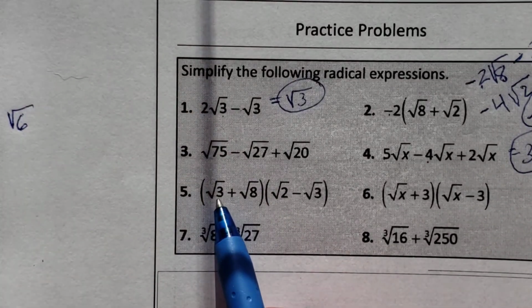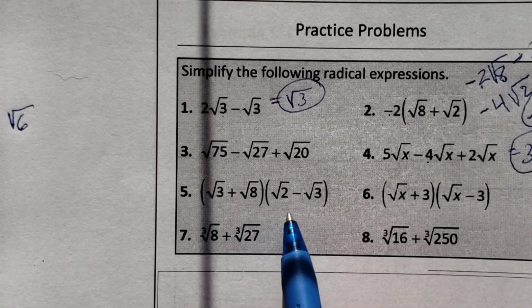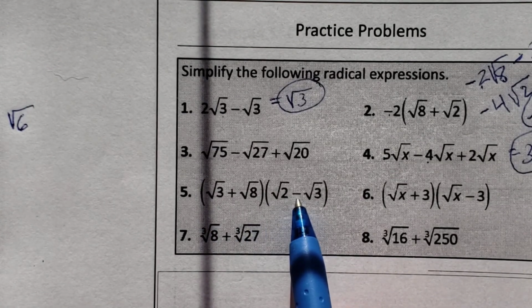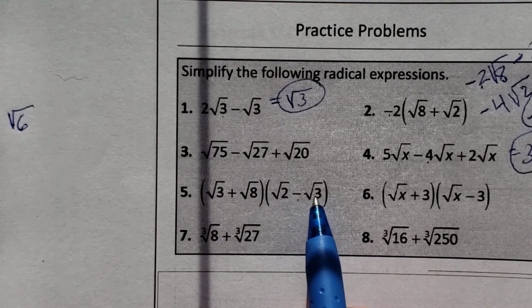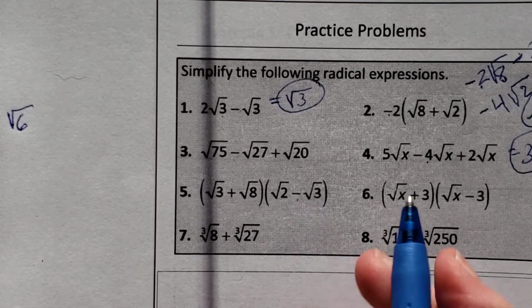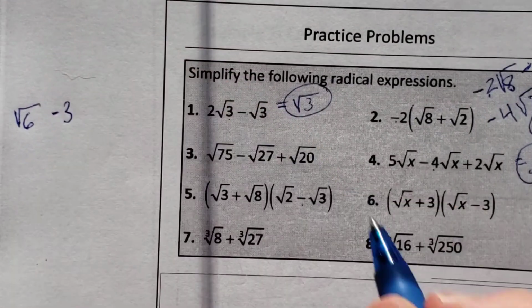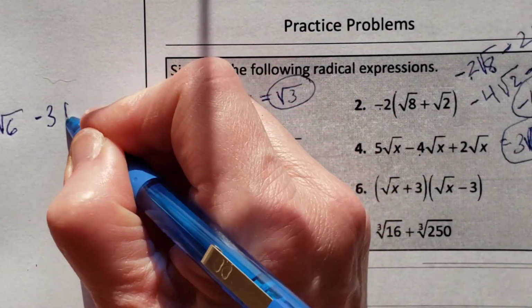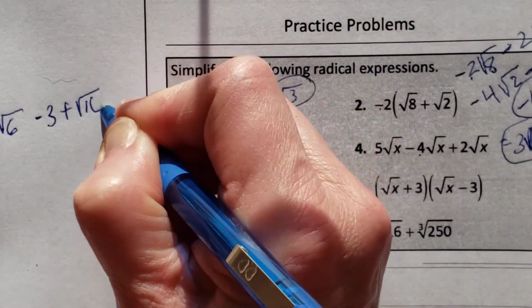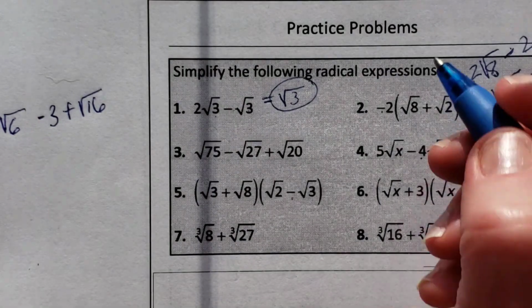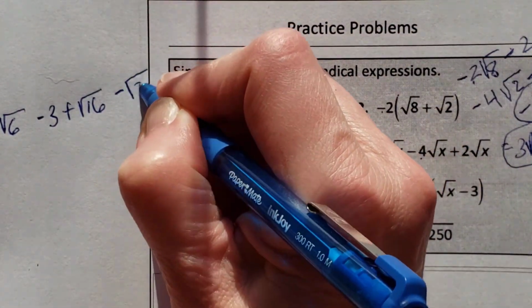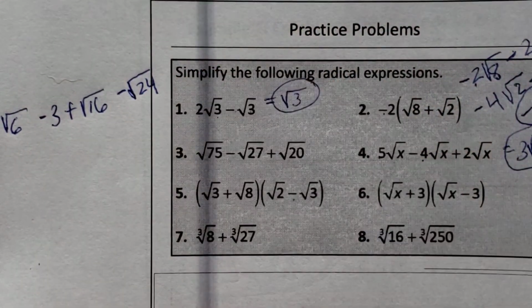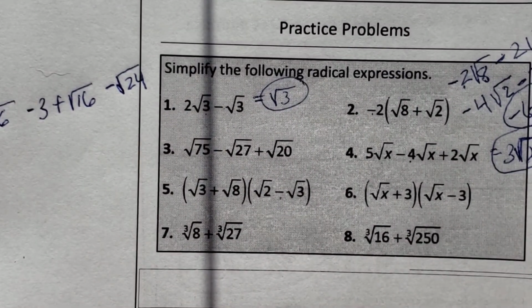And then square root of 3 times negative square root of 3. So that's going to be minus 3. And then we have square root of 16. And finally we have negative square root 24. And then we're going to see what all we can bring out of that.